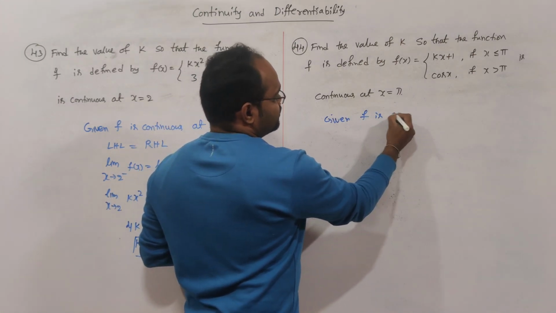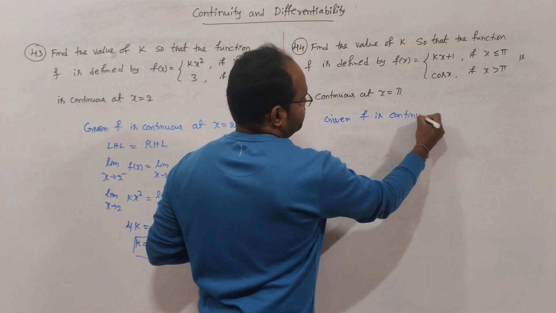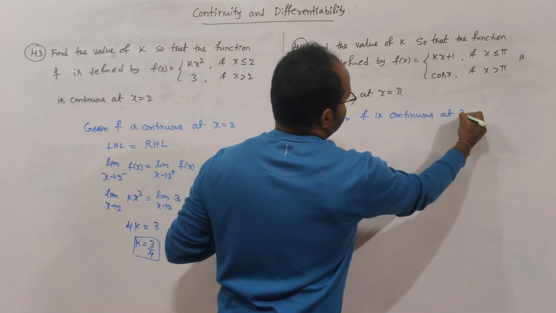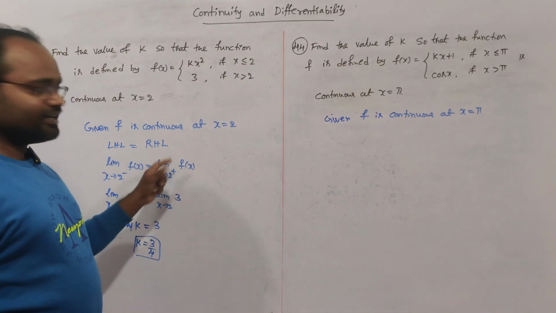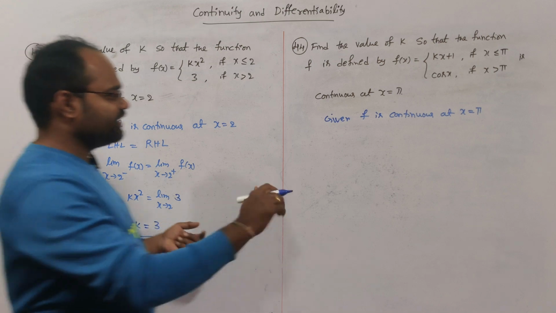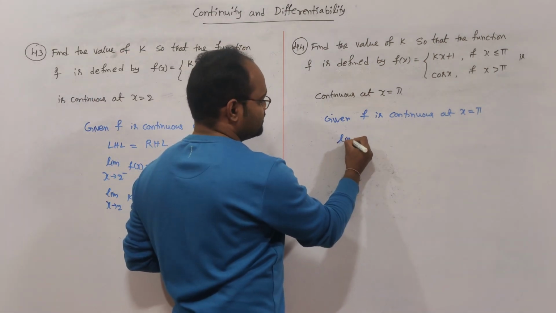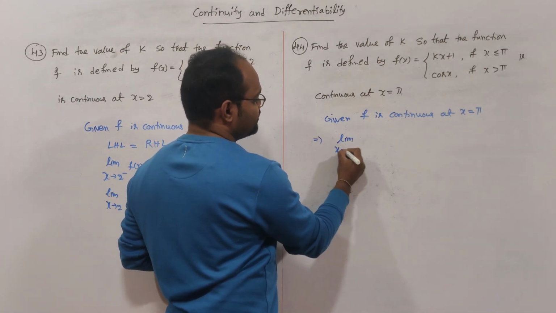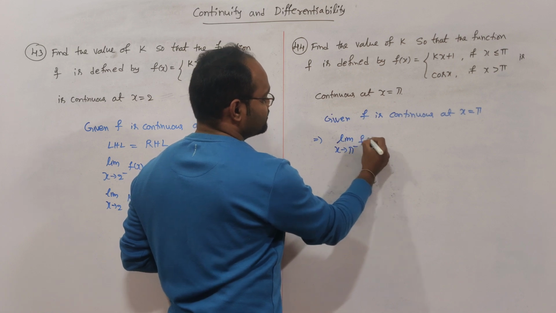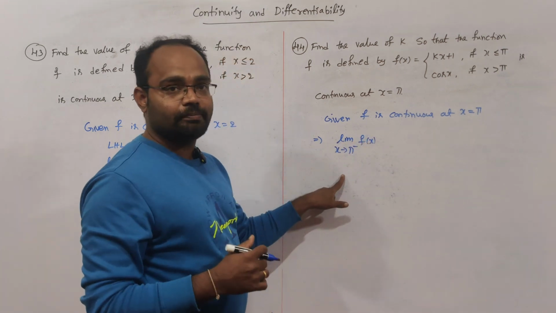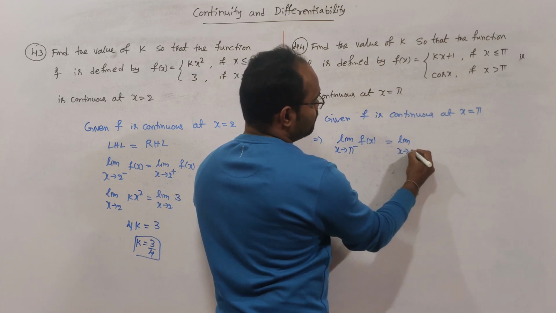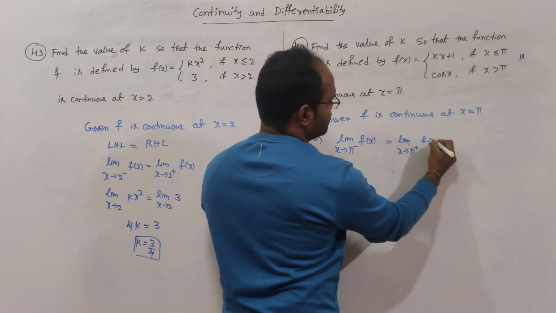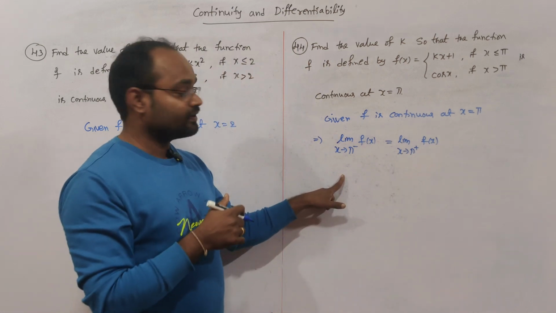Given f is continuous at x is equal to pi. So instead of writing LHL, RHL directly step bardru, okay, I'll take that step directly. Limit as x tends to pi minus f of x, that is LHL at x equal to pi, should be equal to limit as x tends to pi plus f of x, RHL at x equal to pi.